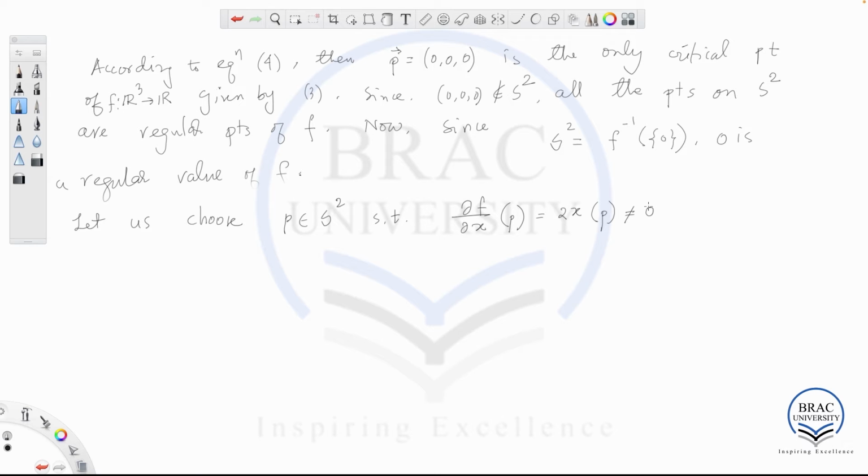So we choose a point P such that the partial derivative of F with respect to x at P is non-zero.